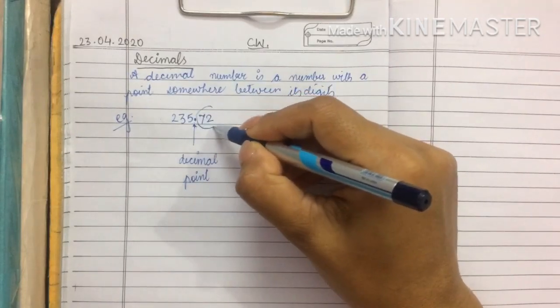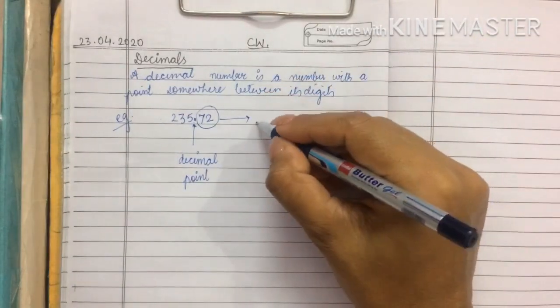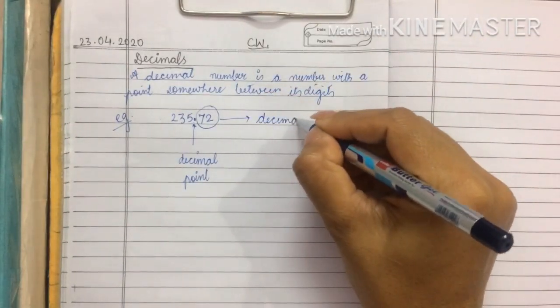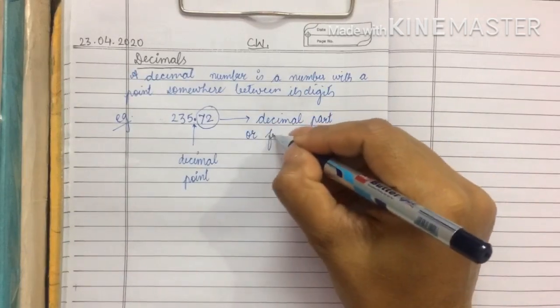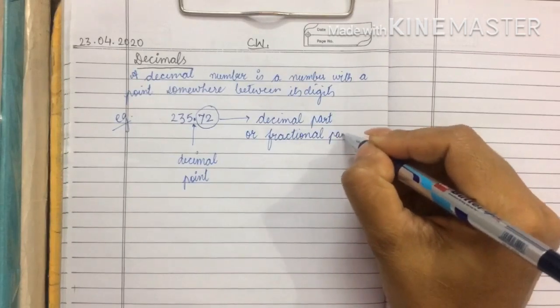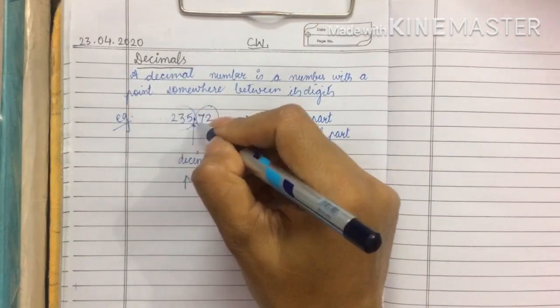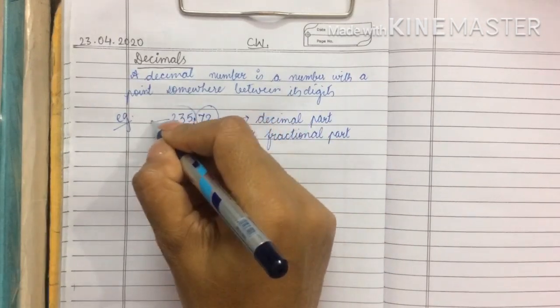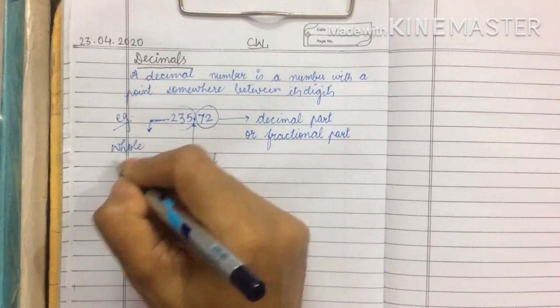So this portion, which is after the point, on the right of the point, is called the decimal part, or the fractional part. And this portion on the left is called the whole part.